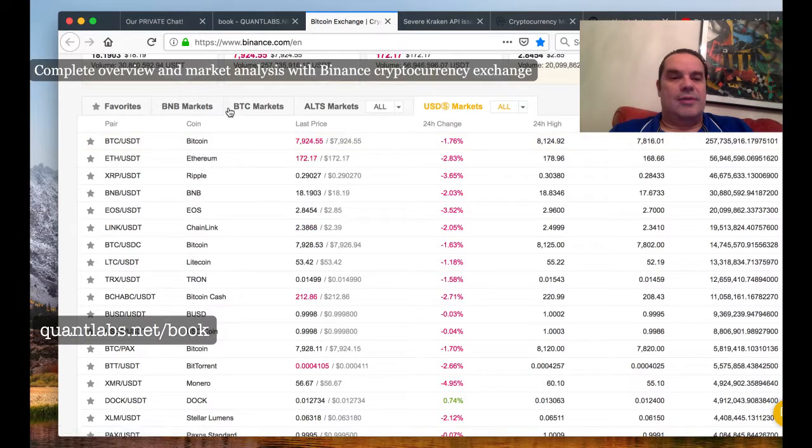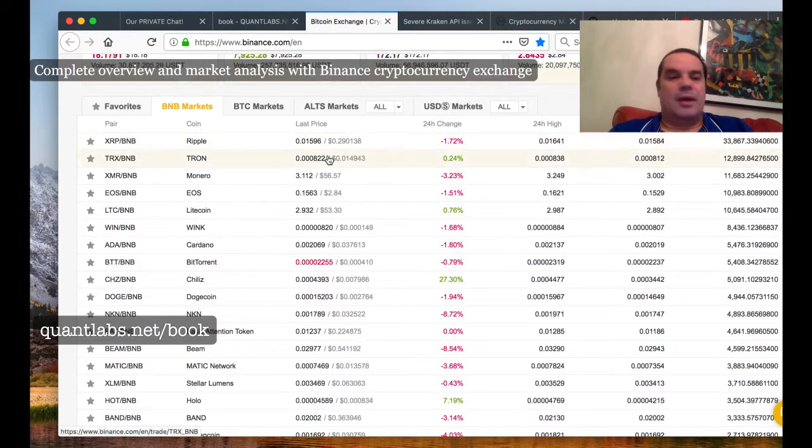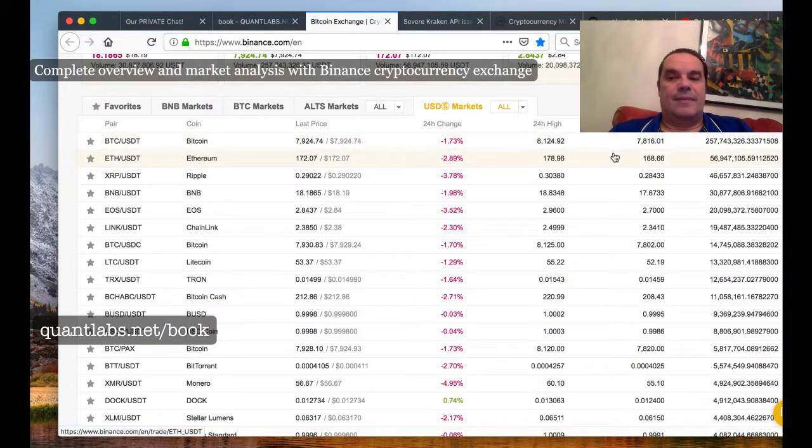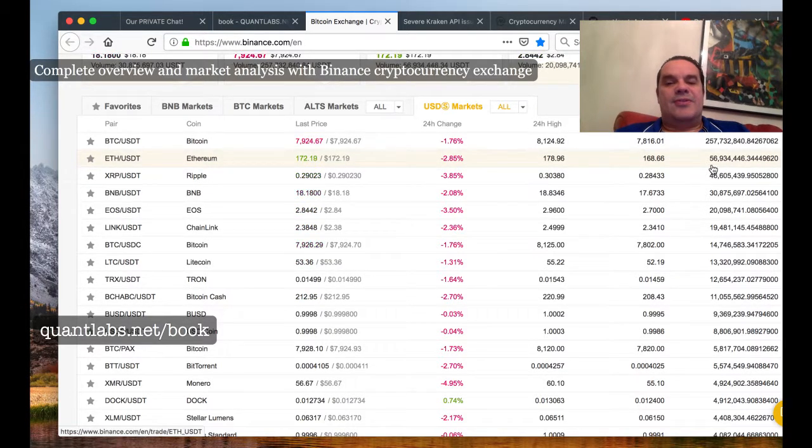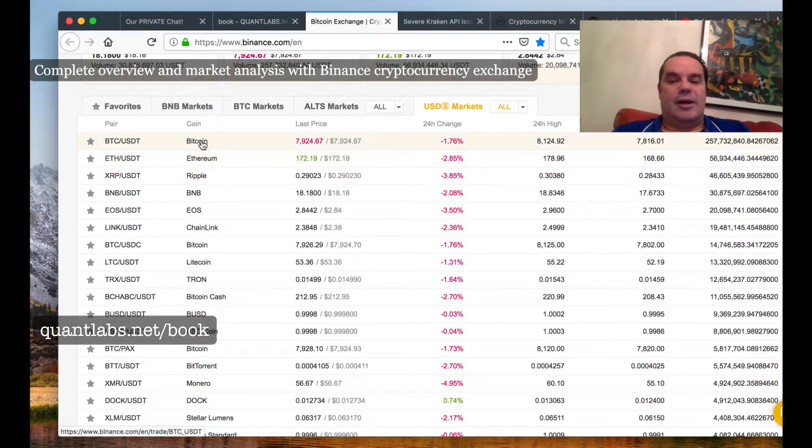Again, the volume in the BNB markets is roughly 33,000 for Ripple against BNB, but something like Bitcoin against Tether is 257,000, and then it falls down to 56,000. So you know where the big volume is. You have to look at the 24-hour volume to know what's worth investigating and what's worth trading.